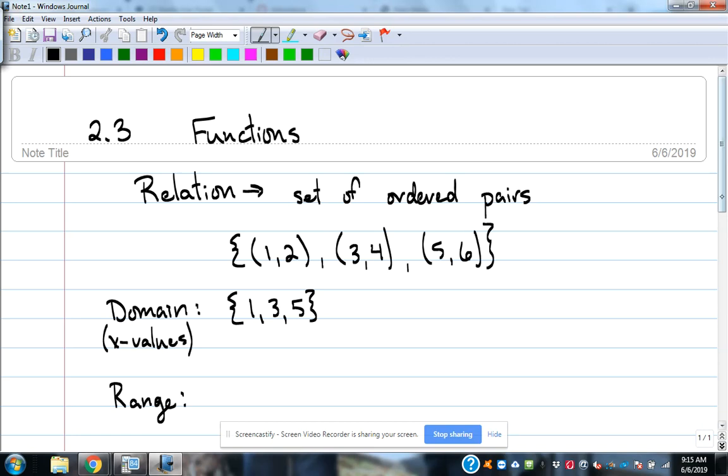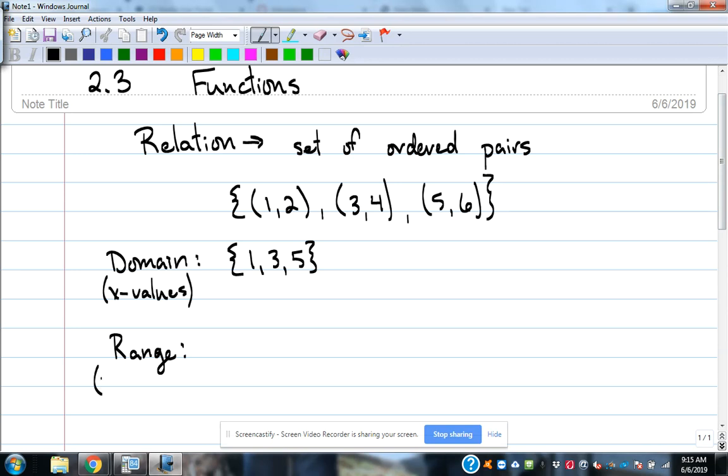The range goes right along with that. That's the set of all the y values. So when you talk about range, you're talking about y values. Domain are x values, and you remember on the coordinate plane, you've got an x-axis that's horizontal and a y-axis that's vertical. Domain is left to right, how the function moves left to right.